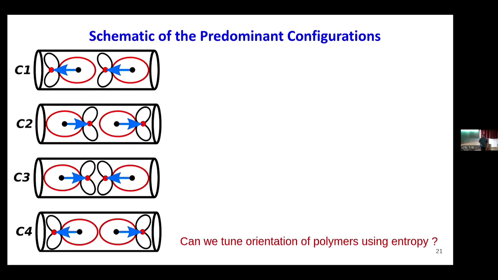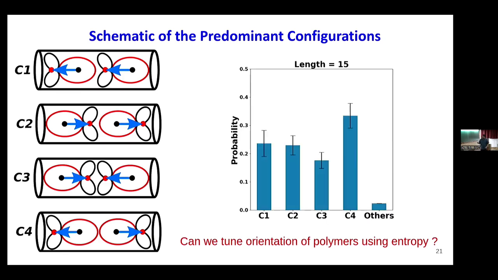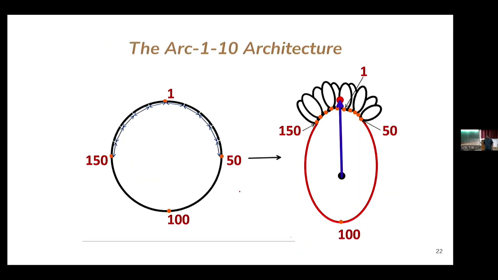Okay. Before that, I need to give this introduction: if you have two polymers like this, there's an asymmetry. You have two small loops and one big loop. These are all the configurations, and there's only pure repulsion, there's no attraction. So basically, the C3 configuration is less probable than the C4 configuration, where I can draw arrows, the big loop and small loop.